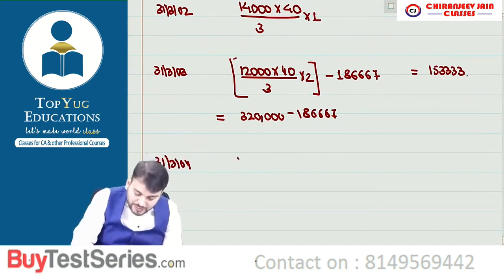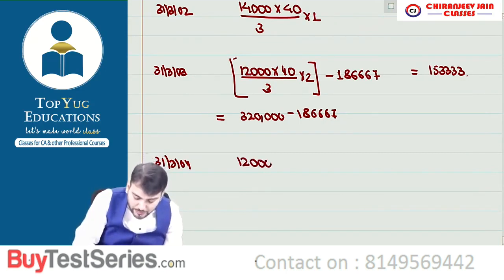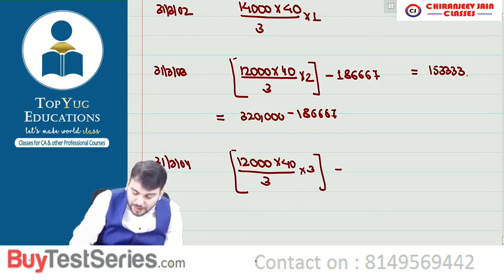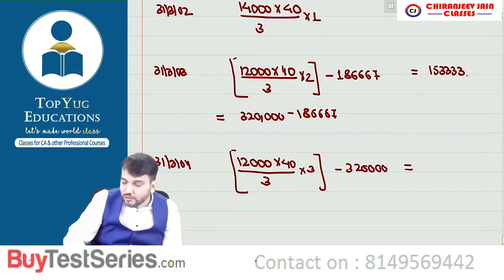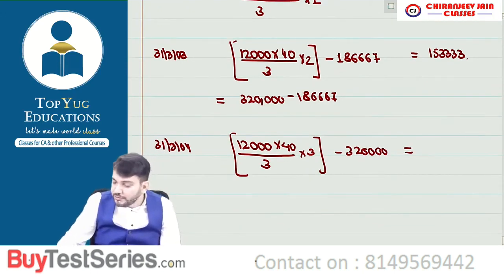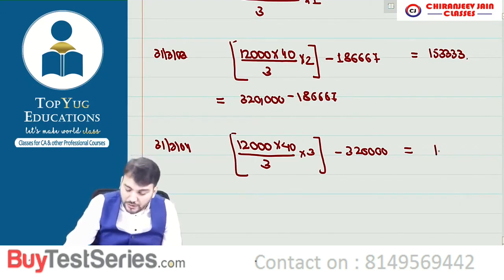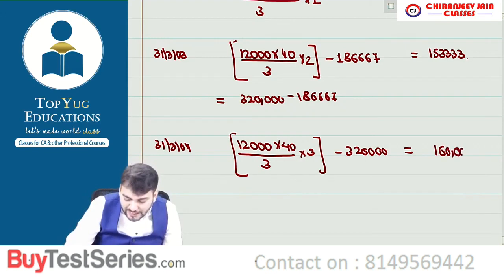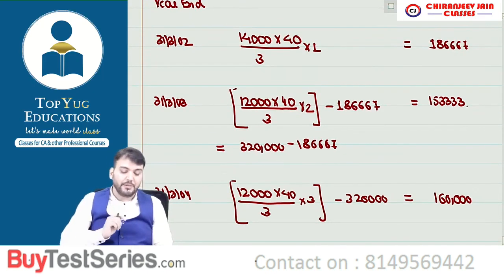Once again we'll take 12,000 only. 12,000 into 40 into 3 by 3. I'm writing 3 by 3 so that you can understand the total vesting period is 3 only. Minus 3,20,000. It will come to 12,000 into 40 minus 3,20,000, which is 1,60,000. Have you understood this? Very simple.